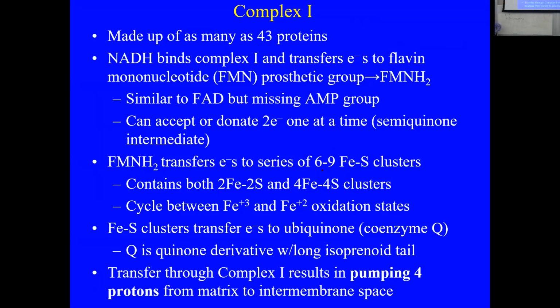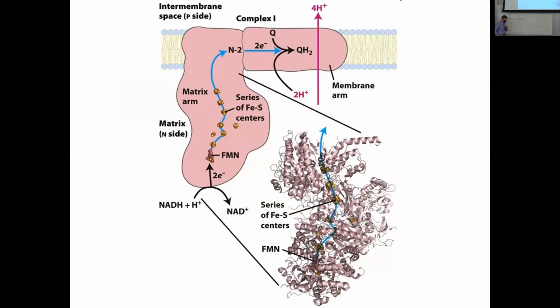Okay, so let's consider complex number 1. 43 proteins. We have a binding site for NADH. So this is also called the NADH dehydrogenase. It is going to reoxidize NADH. The NADH is coming from the pyruvate dehydrogenase complex, much more abundantly from the citric acid cycle.